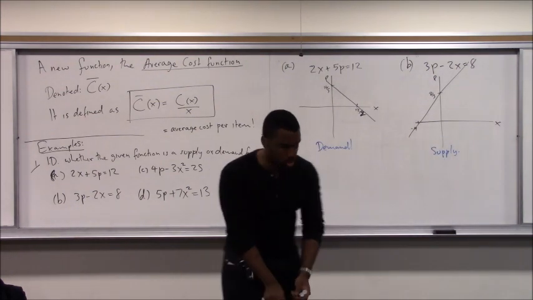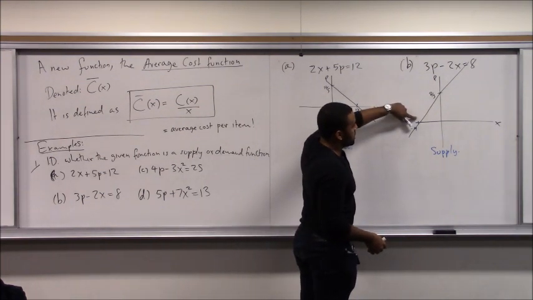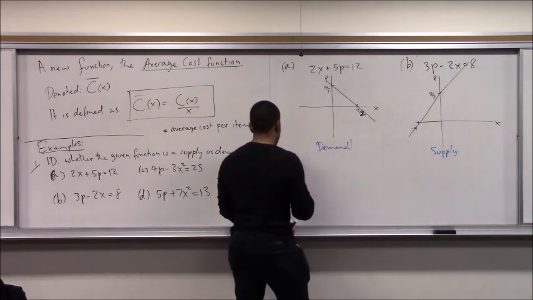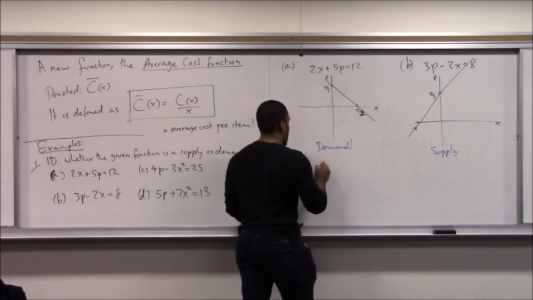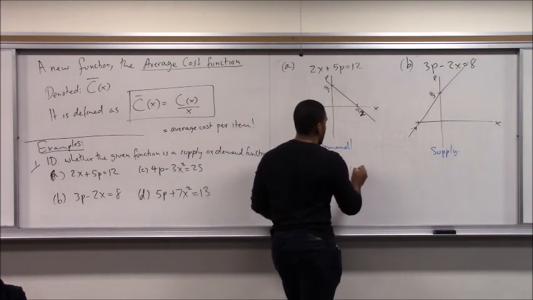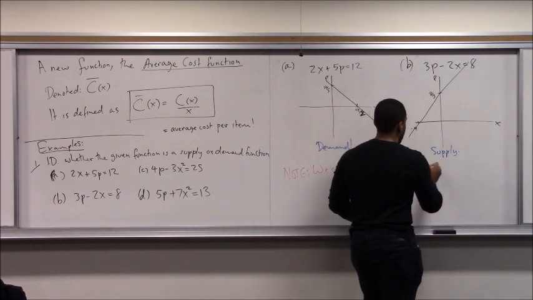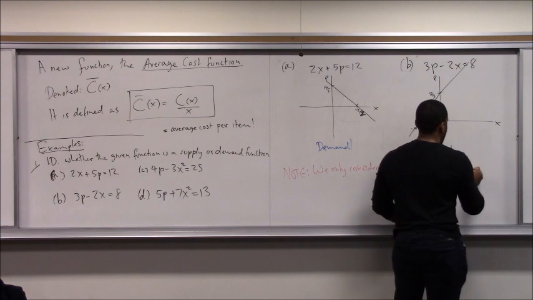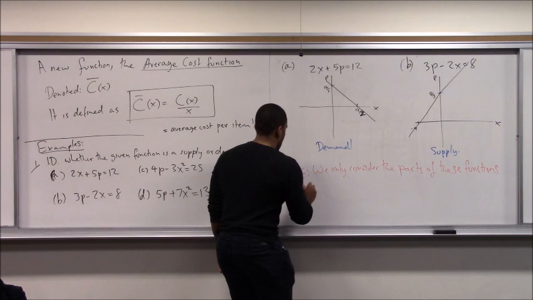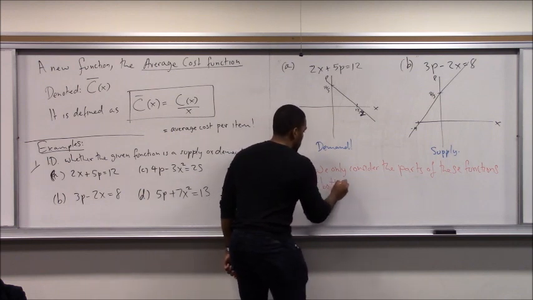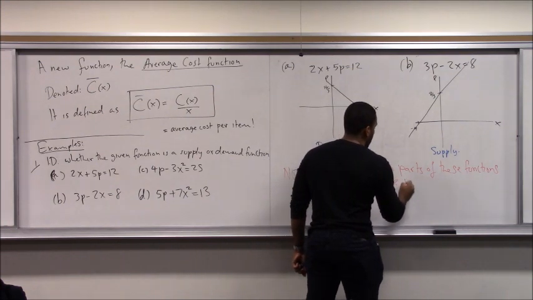This makes me want to note something here. Now, I use the negative part of the axis to actually draw the graph, but of course, I just want you to note, we only consider the parts of these functions where both variables are positive.